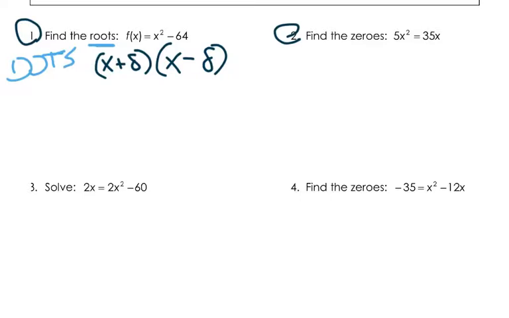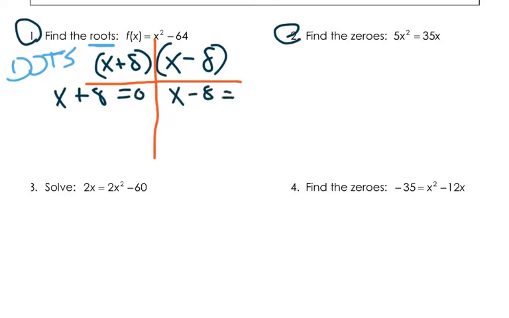Now, in order to find the roots, I would make my T-chart. I could just split this in half and set both of these equal to 0. Then I'll solve for x.